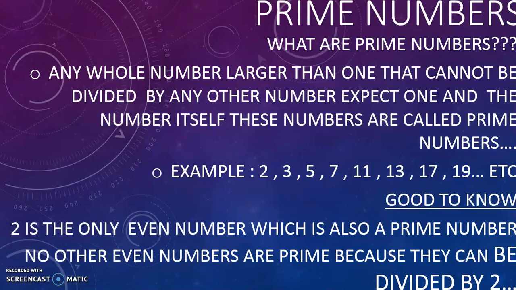For example, 30 is not a prime number because it is an even number and it can be divided by 2. 30 divided by 2 is 15, no remainder. I suggest you see the division video first so that you understand prime numbers.